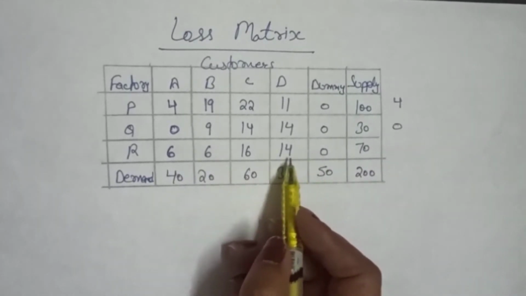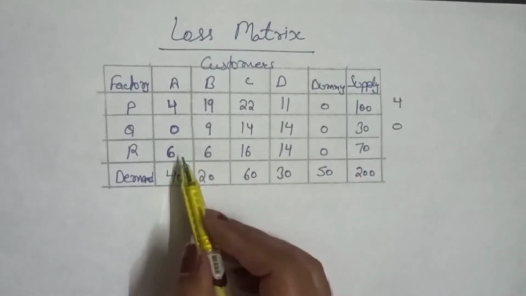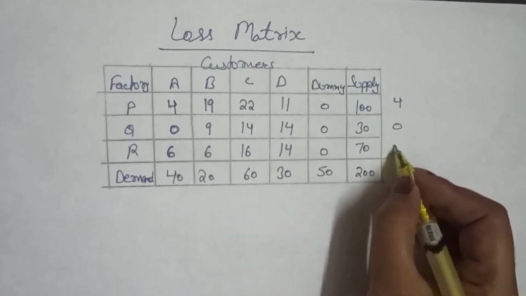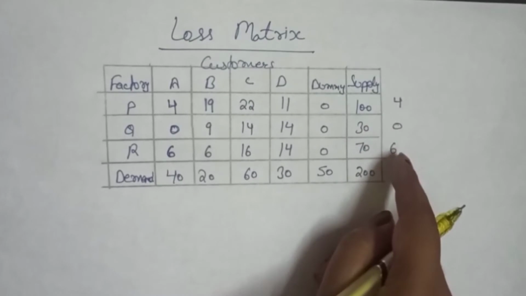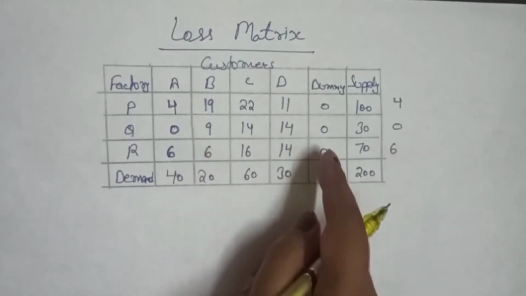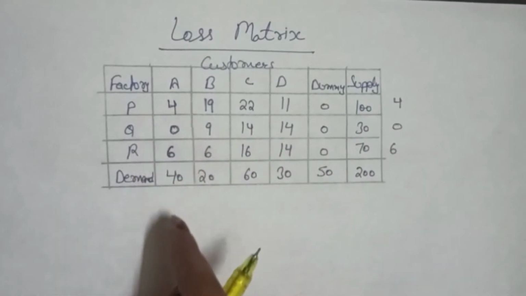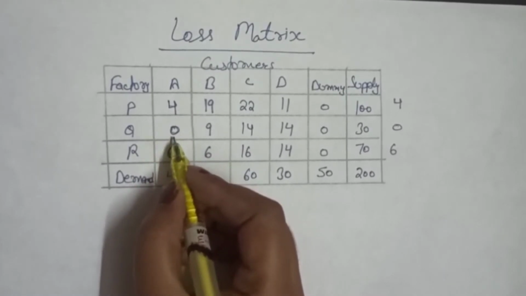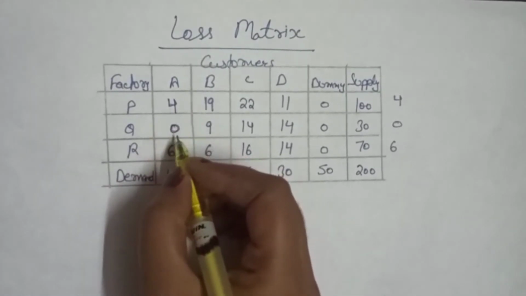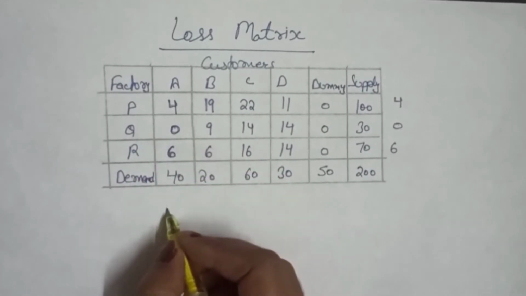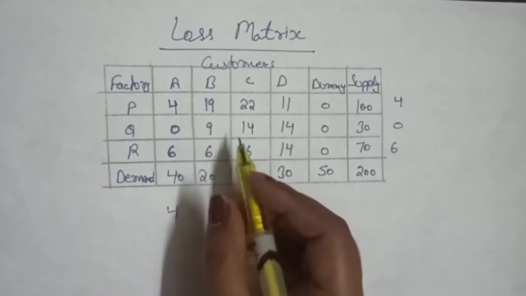Our least value in this row is 0 and the next least value is 6, and the difference is 6. We will write all the differences here. Now we will repeat the same pattern with the columns. Here our least value is 0 and the next least value is 4, and the difference of 4 and 0 is 4. We will write 4 here.